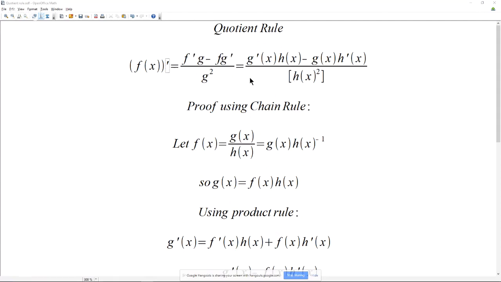But the g squared, people say, where does that come from? Why do you have to divide it by g squared or h of x squared? Well, this is the reasoning behind it. If f of x is equal to the ratio of g of x over h of x, again, two functions that are a ratio, you can also write it as g of x times h of x to the negative 1, because as we learned, h of x to the negative 1 means 1 over h of x.